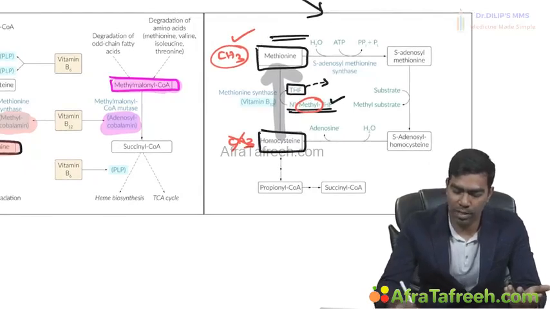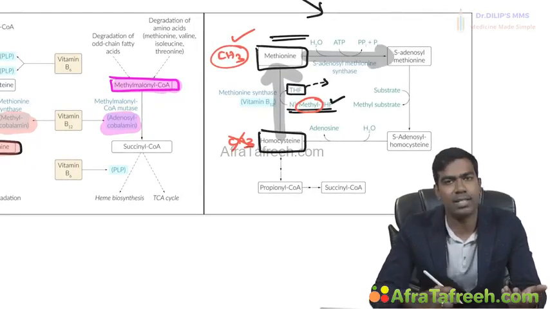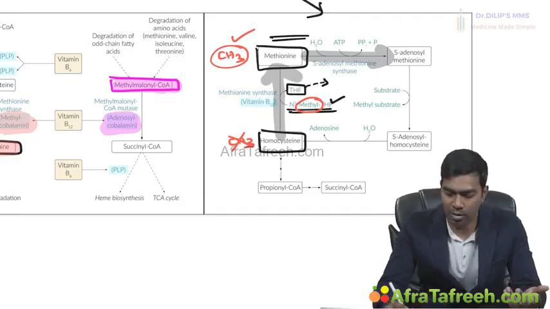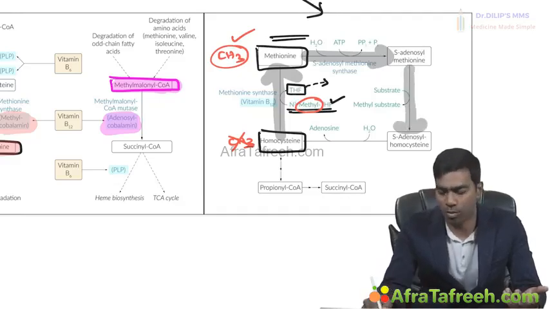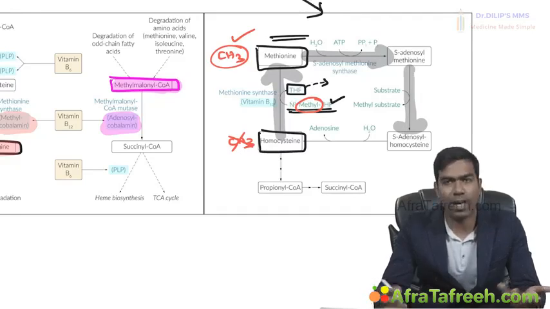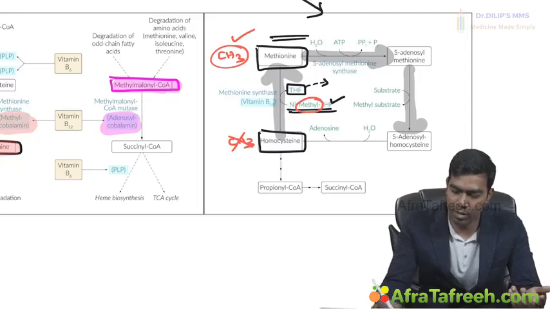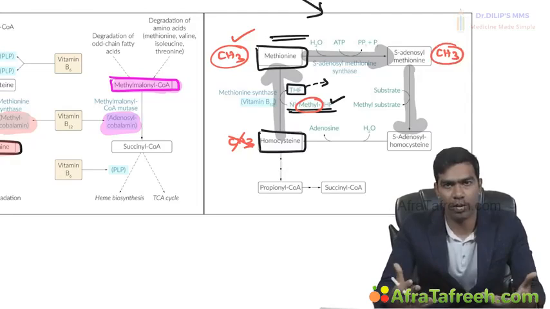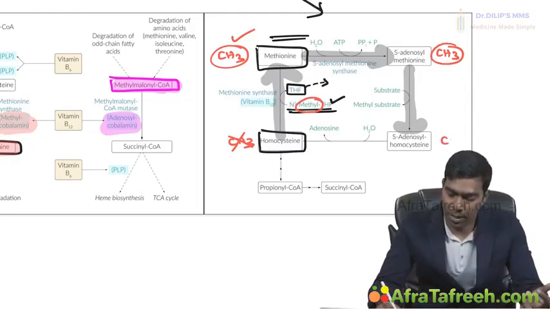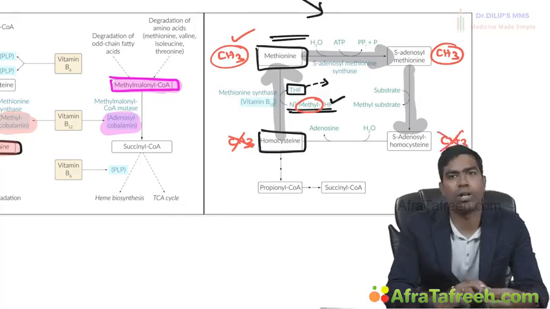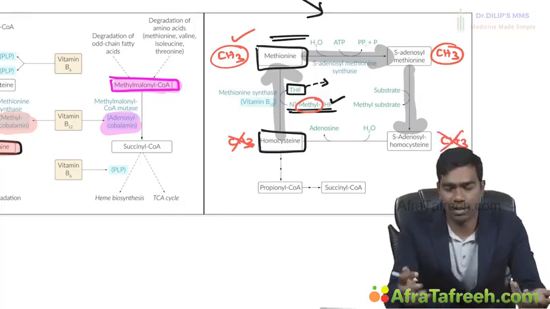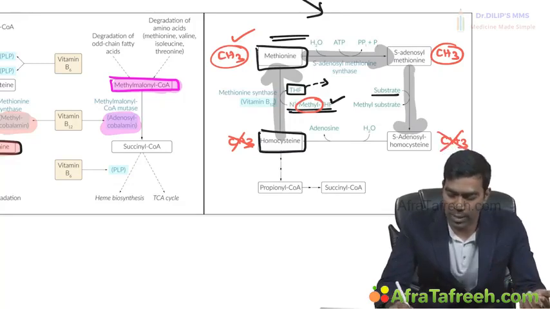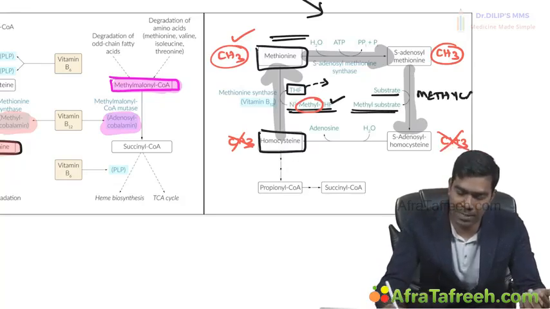Now this methionine becomes S-adenosyl methionine, and this S-adenosyl methionine becomes S-adenosyl homocysteine. You know very well that this methionine molecule is going to have this additional methyl group, that is the CH3 group, but homocysteine is not going to have this methyl. So where has this methyl gone? That is the reason why you can see a substrate, it could be any substrate, becomes a methylated substrate. This is what we refer to as a methylation reaction.